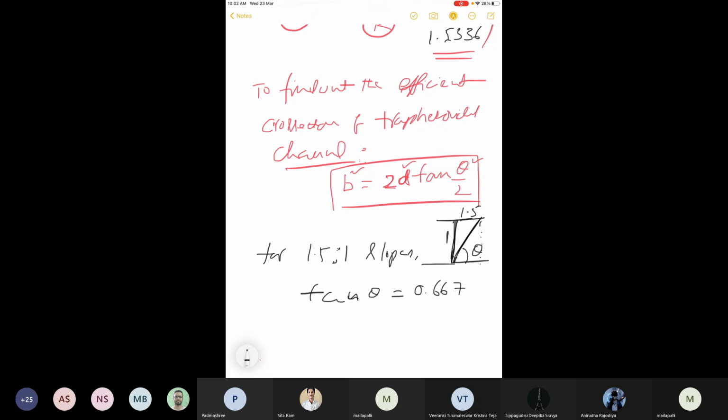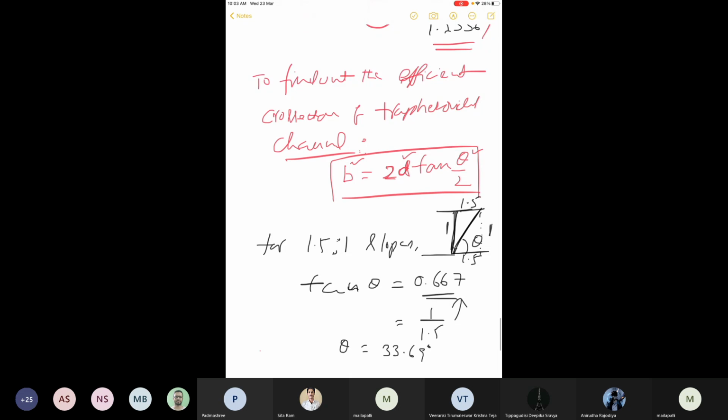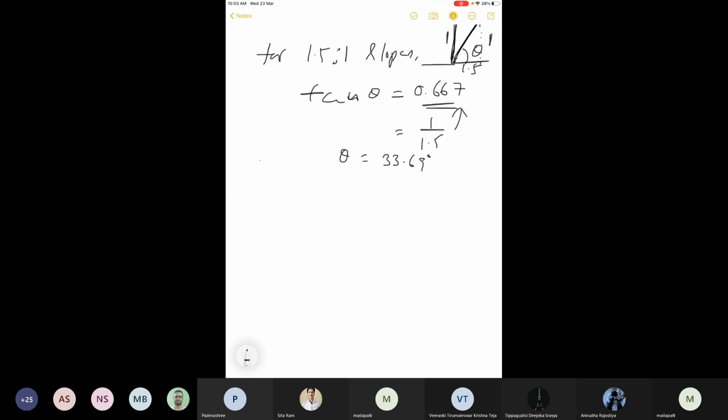If you have the same thing here, this will be 1 and this will be 1.5, and tan theta will be 1 by 1.5, so that will be 0.667. Now theta is equal to tan inverse 0.667, so that will be 33.69 degrees.